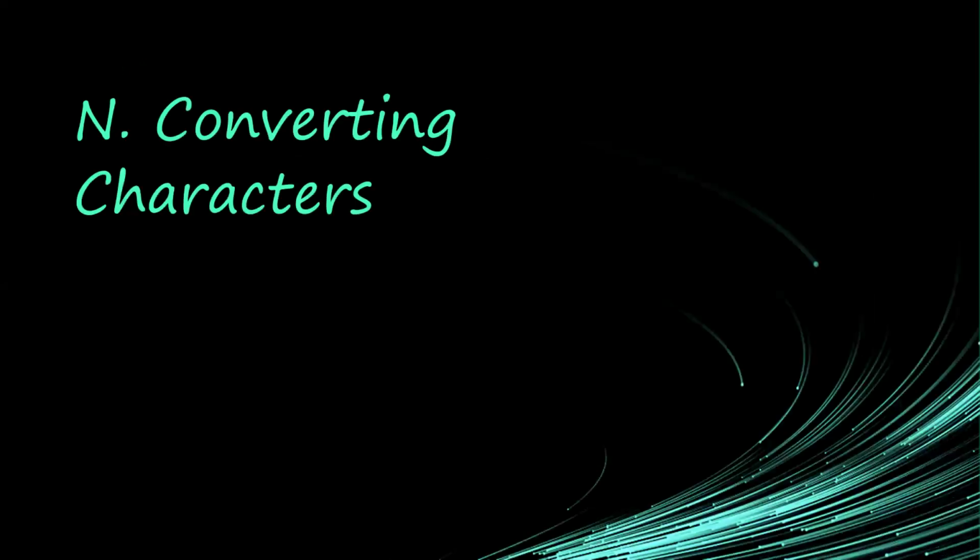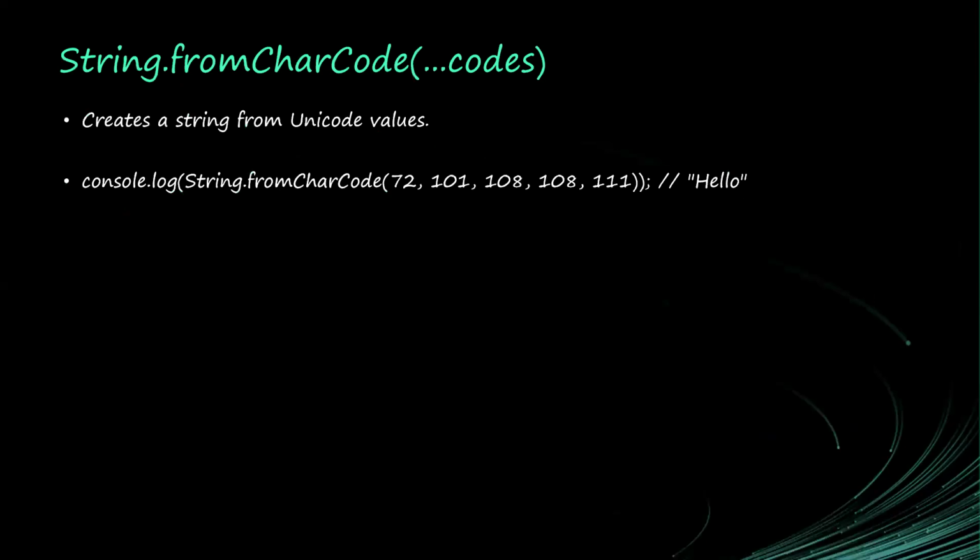The ASCII code. We also have the converting, where we can convert from char codes. Here you're giving some ASCII codes or Unicode values, and you're converting them to a string.